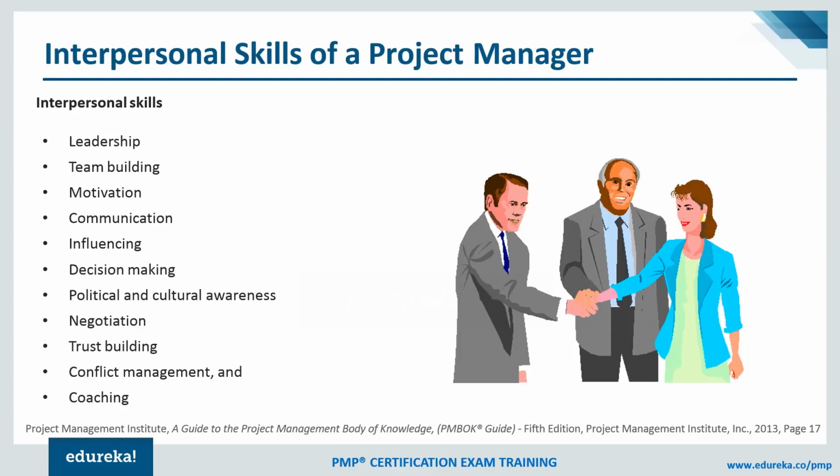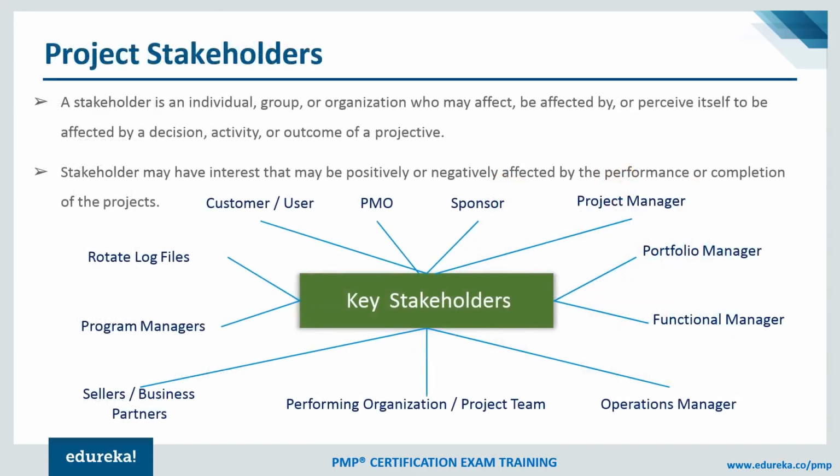Okay, and we talked about managing the expectations of the stakeholders. So let us understand who the stakeholders are. Any individual, group, or organization who may affect or be affected by the outcome of the project, be it negative or positive, is a stakeholder.